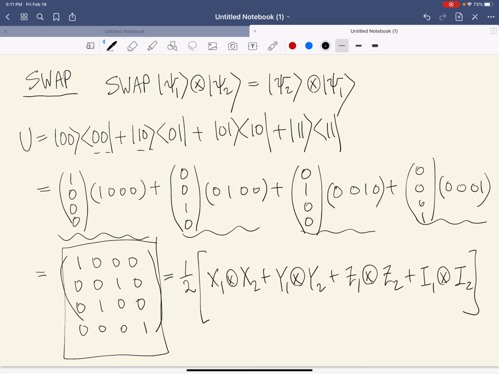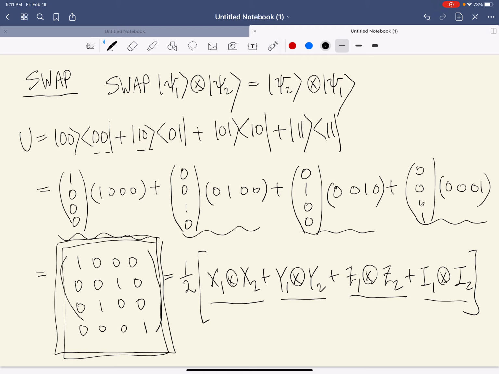You're invited to check this fact by explicit calculation of all of these tensor products, and then by adding these four tensor products together and dividing by 2, you get to recover this matrix.